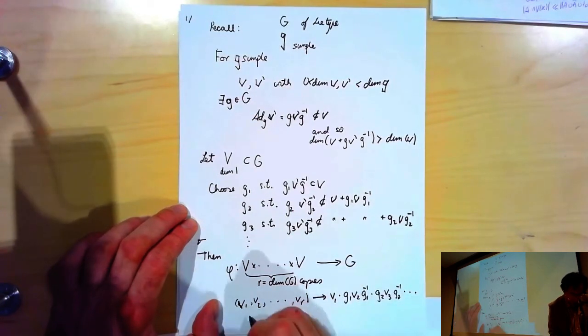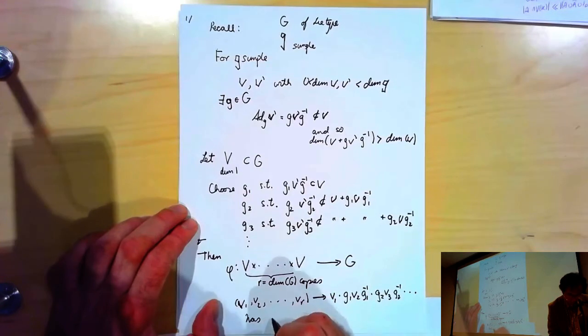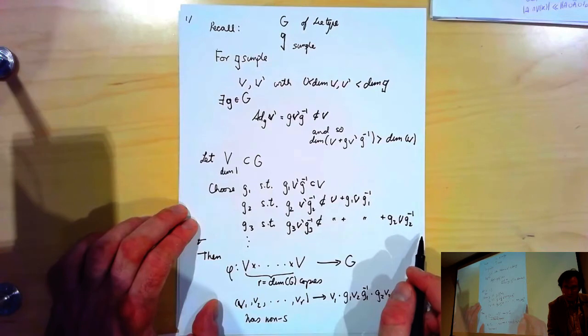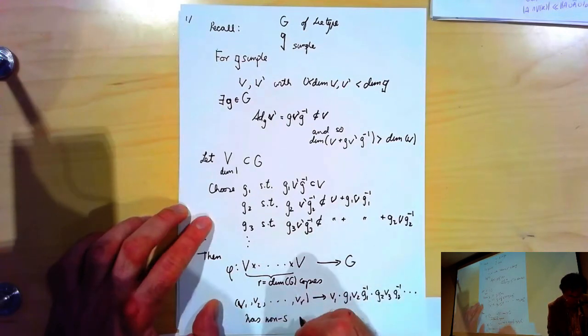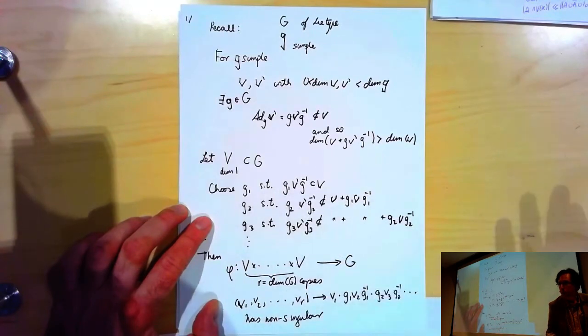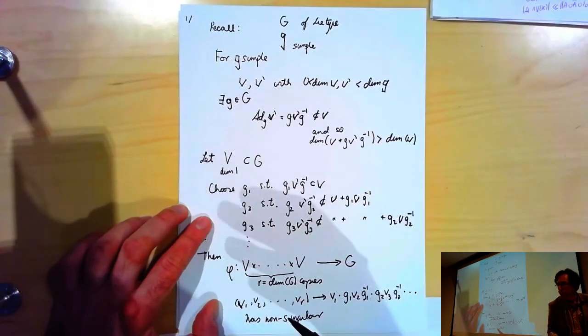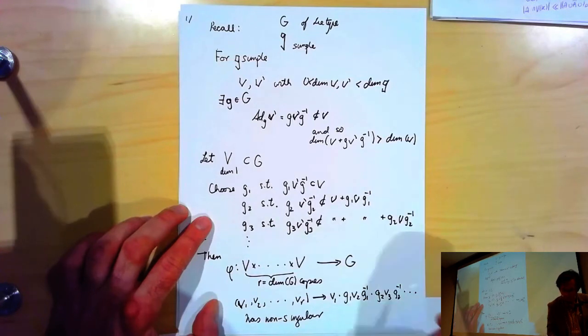This has non-singular derivative at the origin. Why? Simply because what we have just shown is that the image of the derivative at the origin has full dimension, has dimension of G, or has dimension R, same thing. If you have a linear map from an R-dimensional space to an R-dimensional space whose image has R dimensions, well, then you know that the map is non-singular.